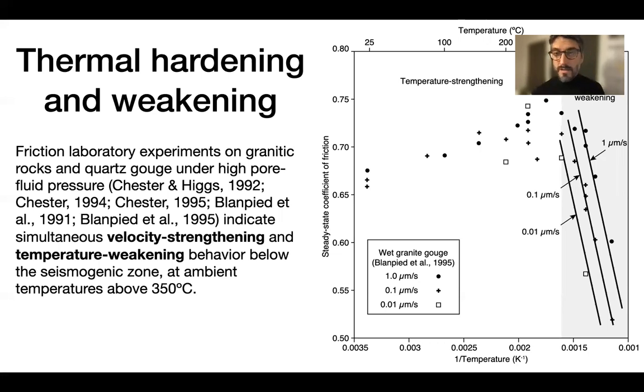This effect is most pronounced at temperatures above 350 degrees, corresponding to the mid-crust or lower crust, where the temperature weakening is significant and sometimes exceeds the variations of friction induced by changes of velocity.